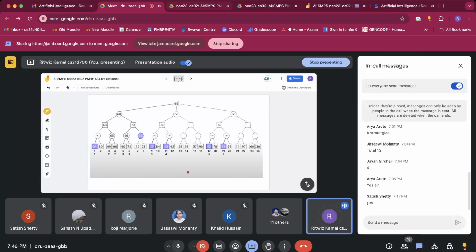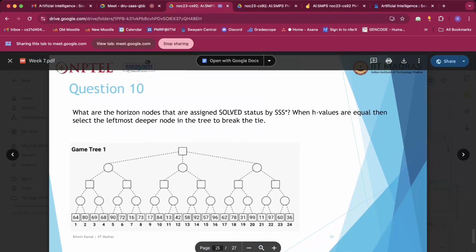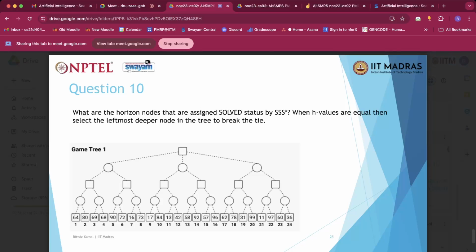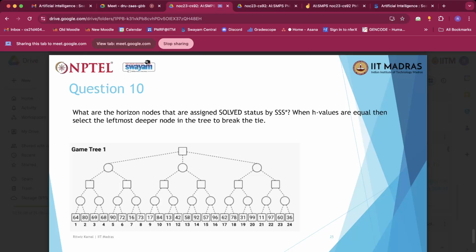Okay, let's go back to the question at hand and see what the question exactly asked us after solving SSS star. It asked us what are the horizon nodes that are assigned a solved status by SSS star.